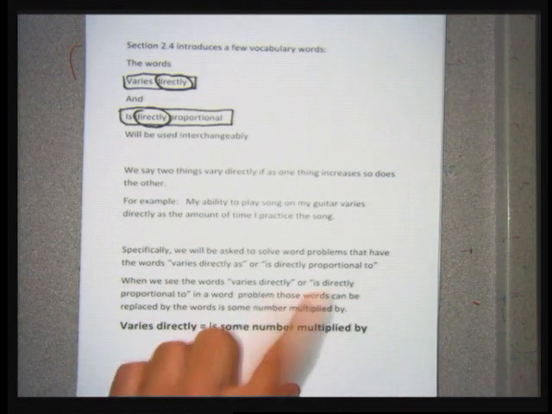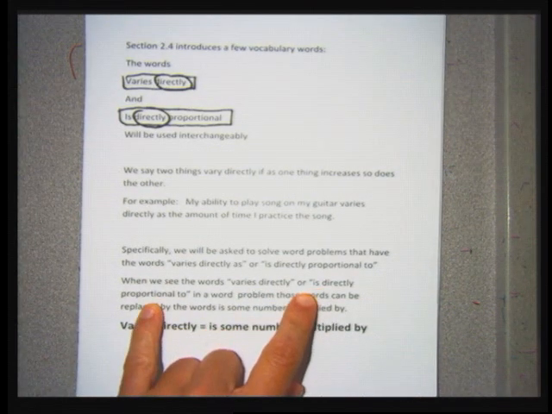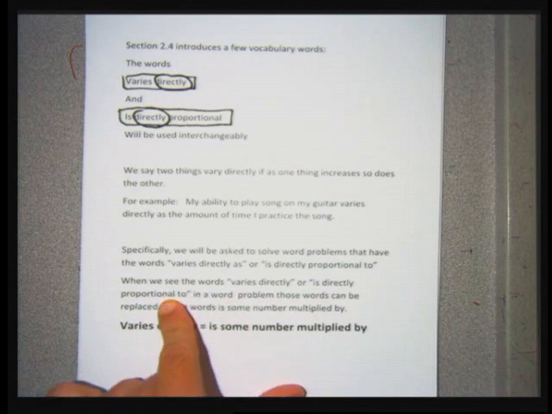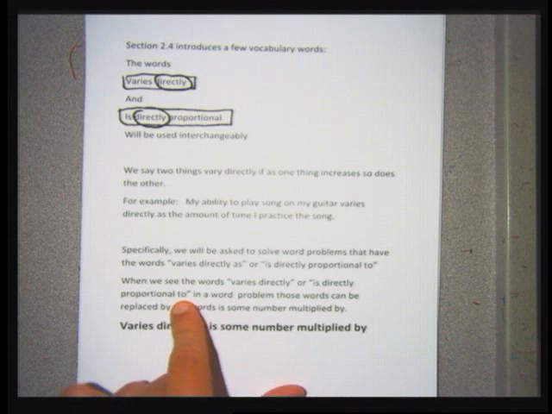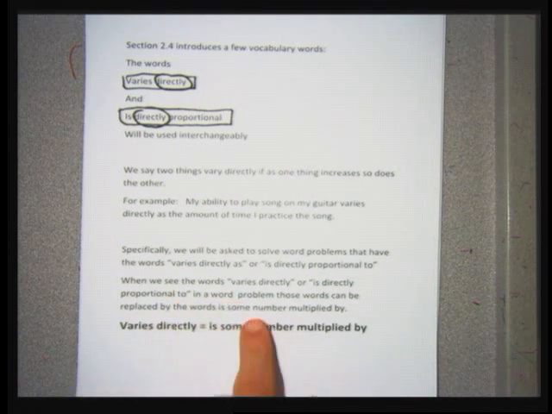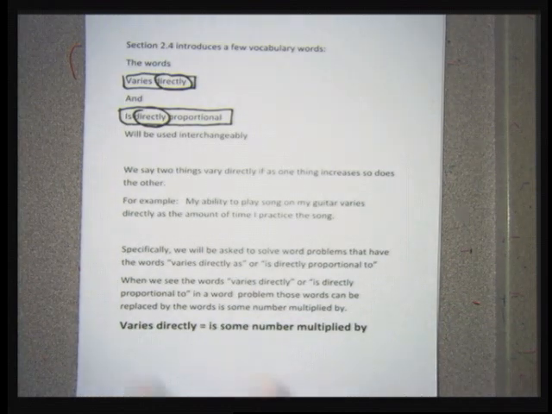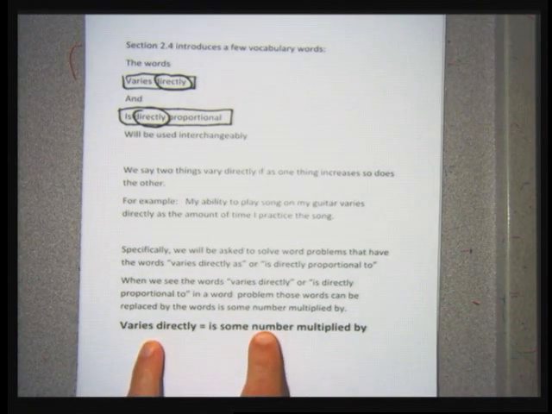If I see varies directly or is directly proportional to, I'm going to scratch those words out, or rewrite the problem and change that little grouping of words to is some number multiplied by. So from an algebra perspective, varies directly or is directly proportional to can be replaced by is some number multiplied by.